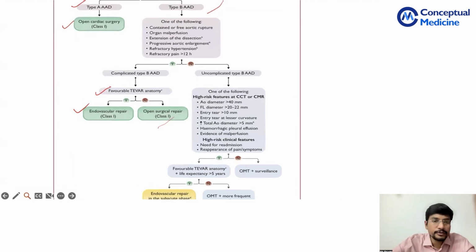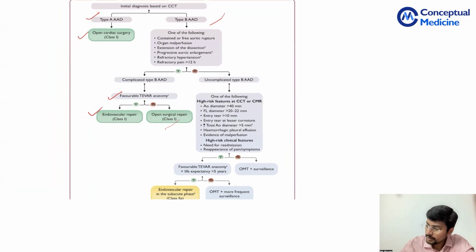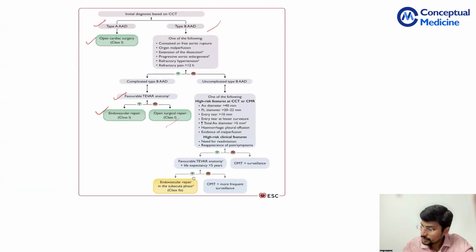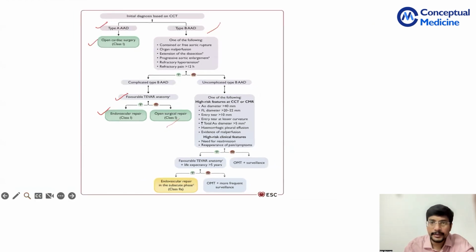When the diameter is more than 40 mm, or the entry tear is more than 10 mm, or the total aortic diameter is more than 5 mm, or there is a hemorrhagic pleural effusion, or malperfusion evidence, or reappearance of pain, all these are taken as high risk features. Then you consider endovascular repair.